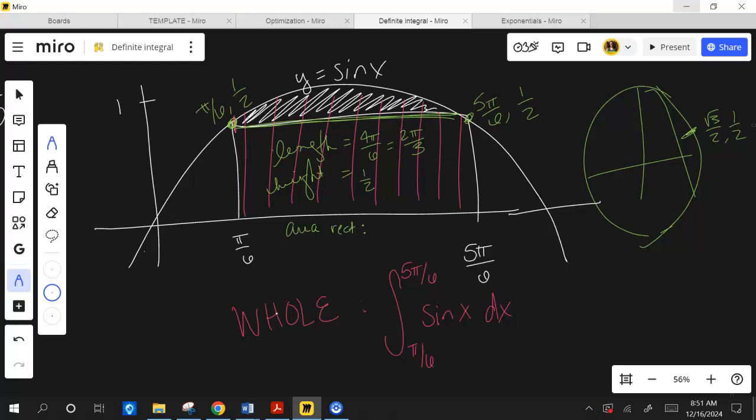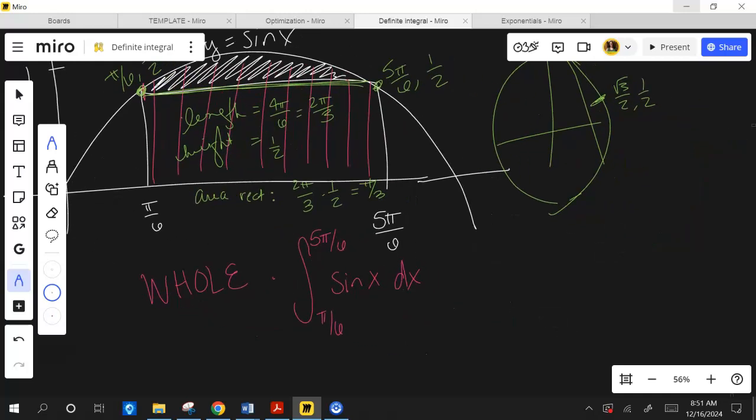Multiply it: 2 pi over 3 times 1/2 is pi over 3. So the area of the shaded region is going to be the integral from pi over 6 to 5 pi over 6 of sine x dx minus pi over 3. And then you evaluate that. I'm going to leave that for you to do.